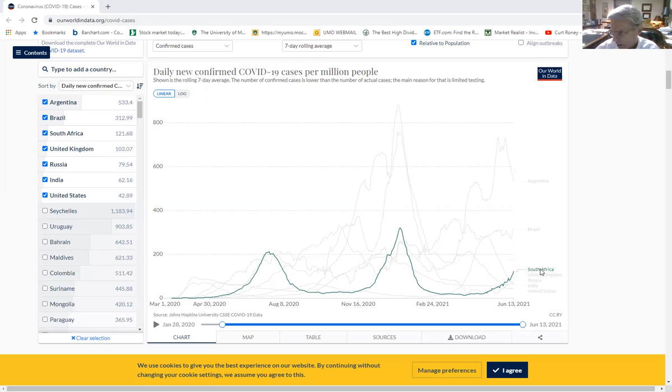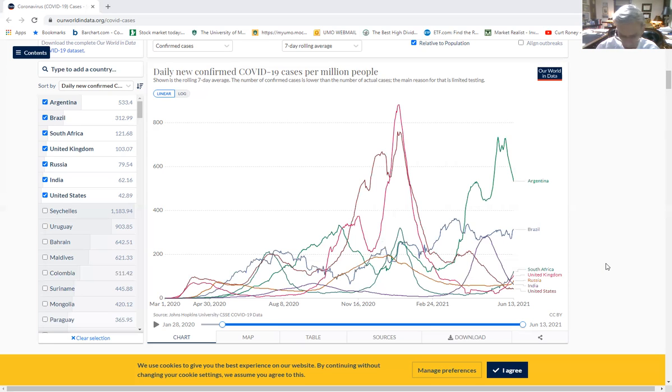Argentina does not have good health care and access to vaccines. And so this is something we want to keep our eye on. Argentina does provide a lot of food products to the United States and other countries, and this may make it more difficult for us to obtain those.